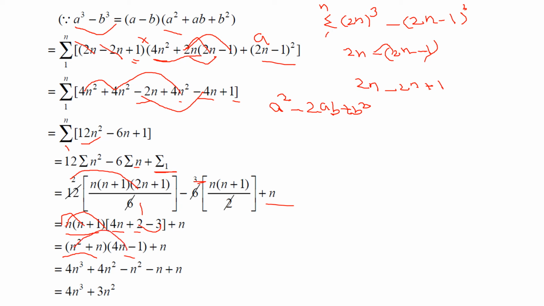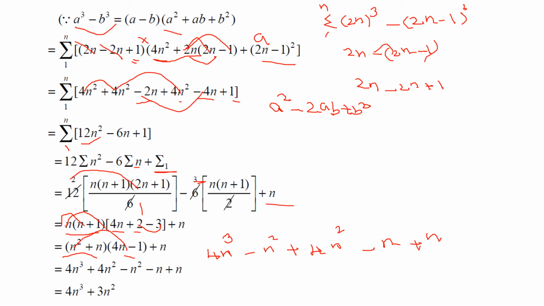So 4n cube plus 4n squared, then minus n squared plus n into 4n, minus n plus n.